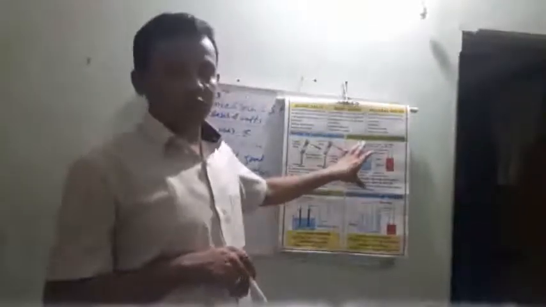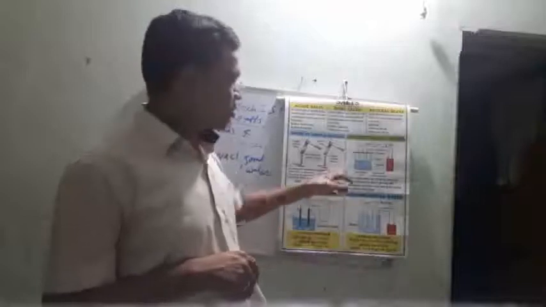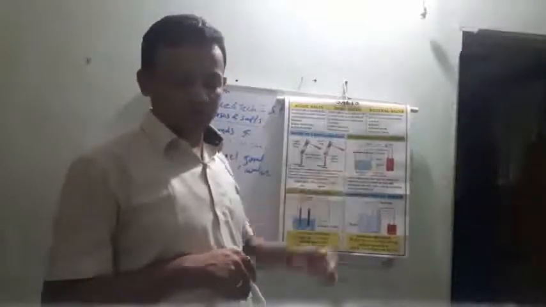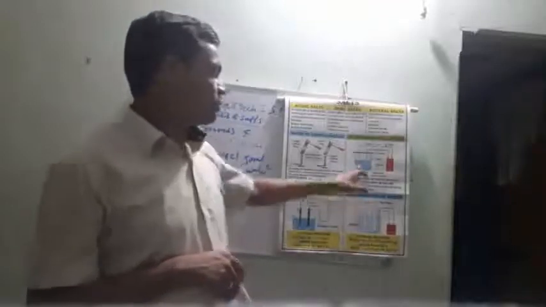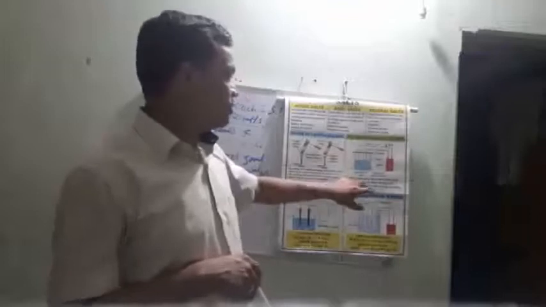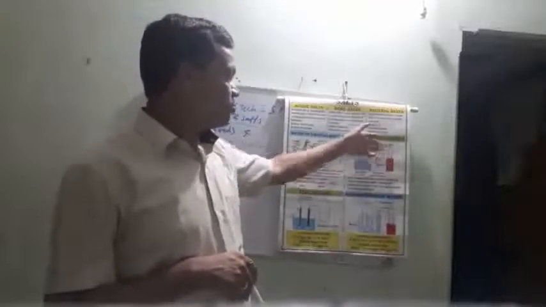So in this way we observe this activity with different solutions. First we make the aqueous solution of sodium chloride. Then we construct this apparatus: wire, battery, bulb, switch. In this way we arrange the apparatus.